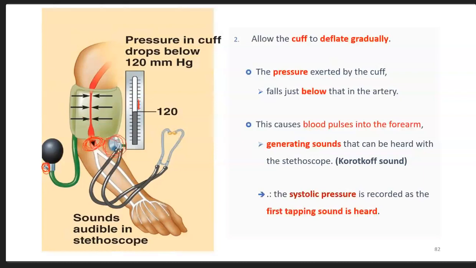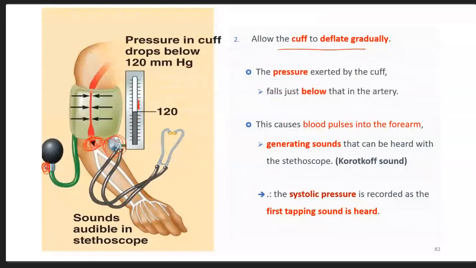At this point you want to hear the first sound. This causes blood pulses into the forearm, generating sound that can be heard with the stethoscope, which is the Korotkoff sound.